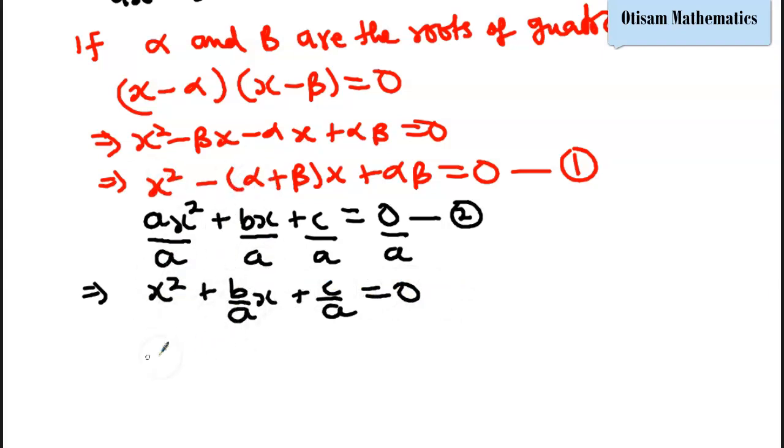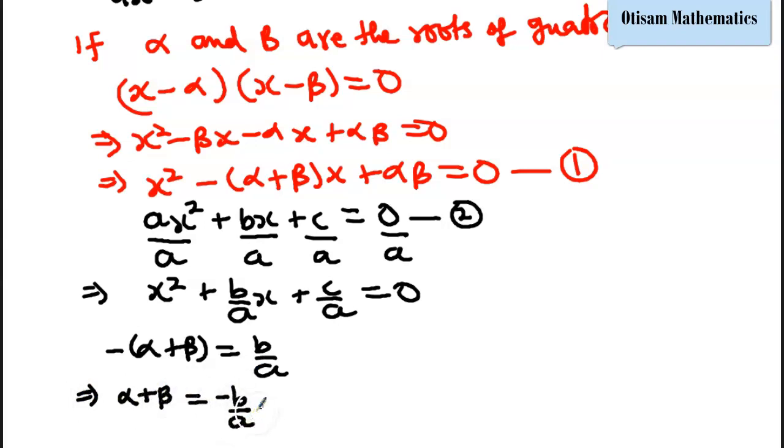Now when you compare the two, we have minus (alpha plus beta) is equal to b on a. That is comparing coefficient of x, which implies that alpha plus beta is equal to minus b on a.